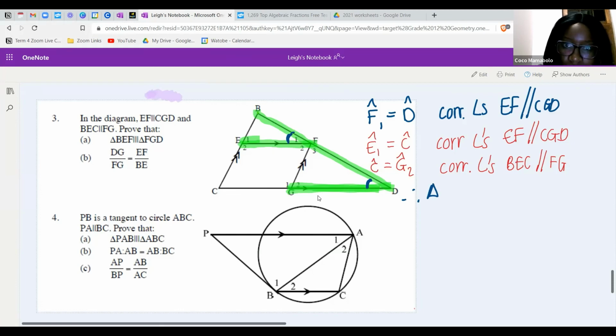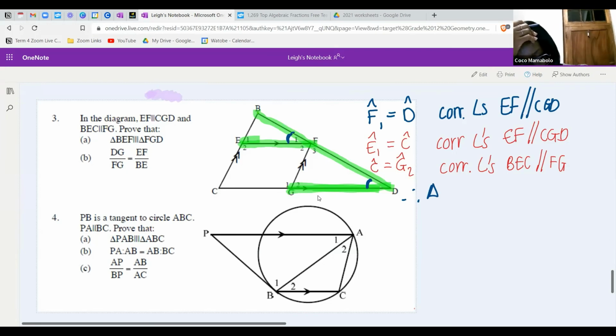That is one of those switches with proportions that we are allowed to make. So in the next line down, we're going to put GD where BE was. So GD goes at the top over FG, and that's going to be equal to EF over BE, which is now at the bottom over GD. Does that make sense, Matrix?